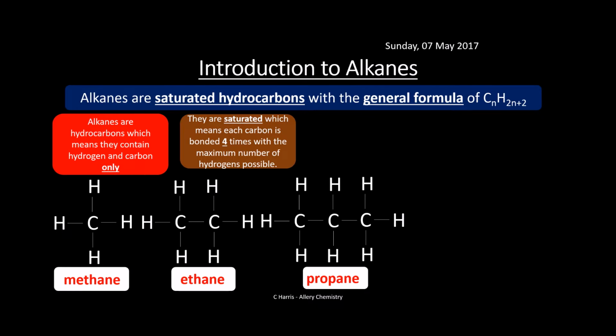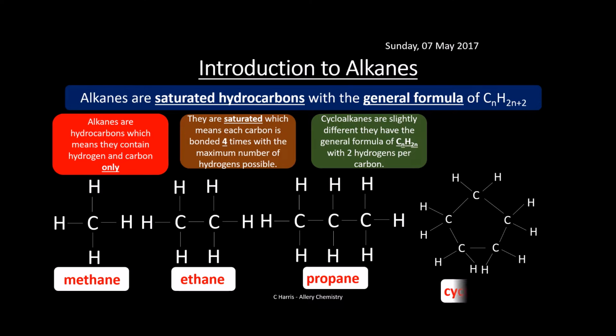Here's some examples. You've got methane, CH4, ethane is C2H6, and then you've got propane there, which is 3 carbons. You've got cycloalkanes as well, which are a little bit different. They actually have the same general formula as an alkene with 1 double bond, which is CnH2n. They are still a cycloalkane though, because they don't have any double bonds.